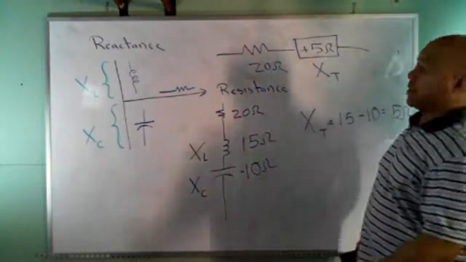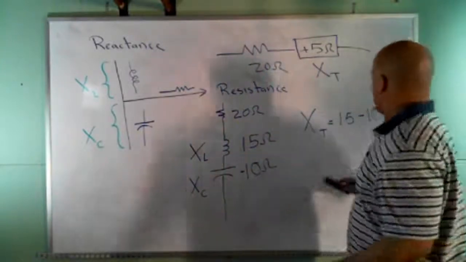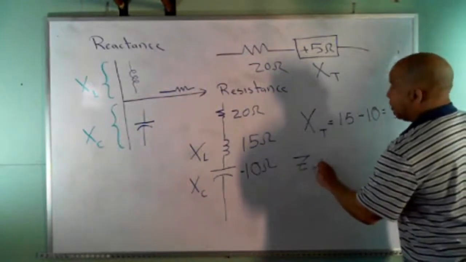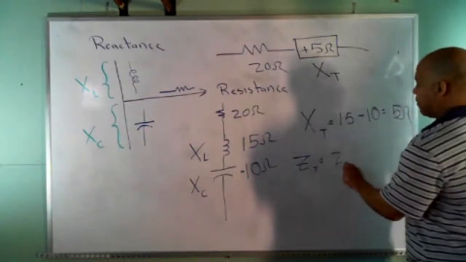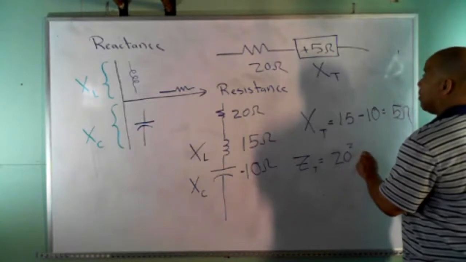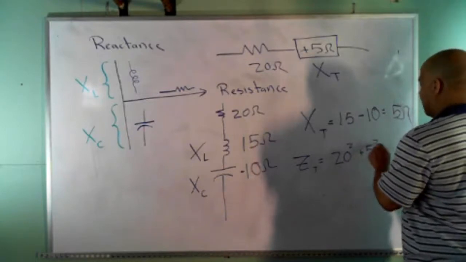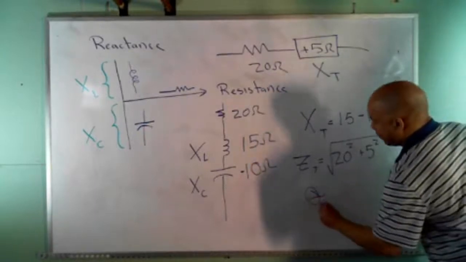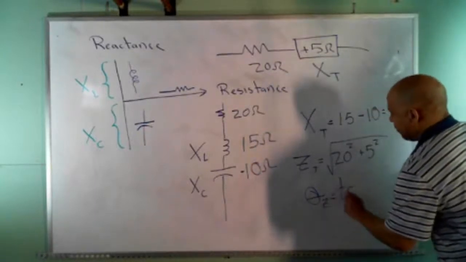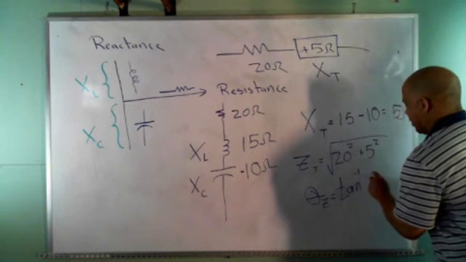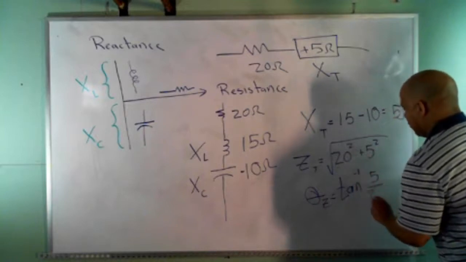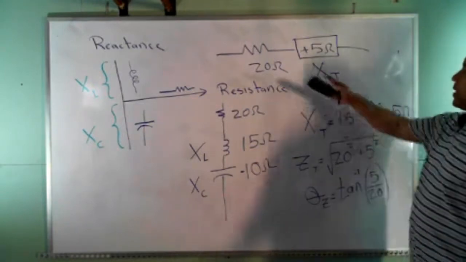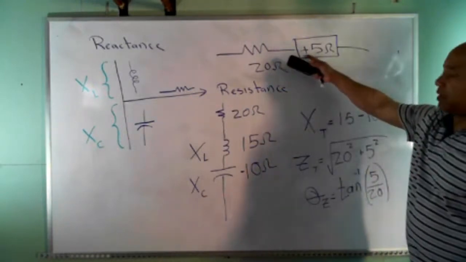If I want to find my total Z, what I would do is, and I'm not going to do the math, ZT would just be my 20 squared plus my 5 squared, square rooted, and my theta Z would just be my inverse tangent, 5 over 20. Now, I do not put a negative sign here for this one because that number is really positive.